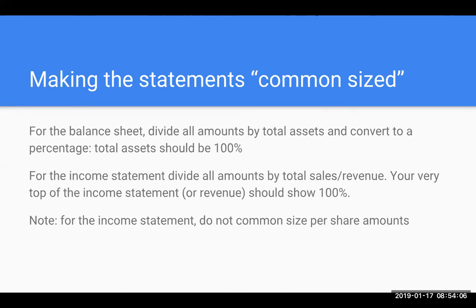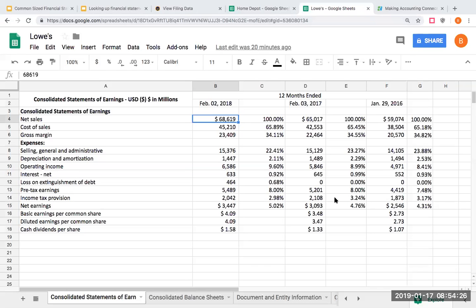So now let's go back to our examples, and I've kind of jumped ahead and done part of this already. Here we have a consolidated statement of earnings. What I've done here is divide everything by net sales. For the 12 months ended February 2nd, 2018, I divided this amount by the same amount, or B4, which is my total sales or net sales.